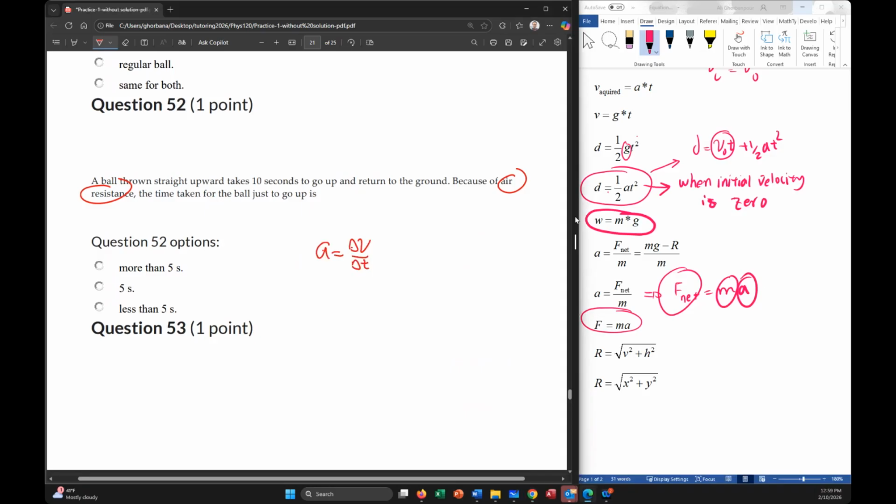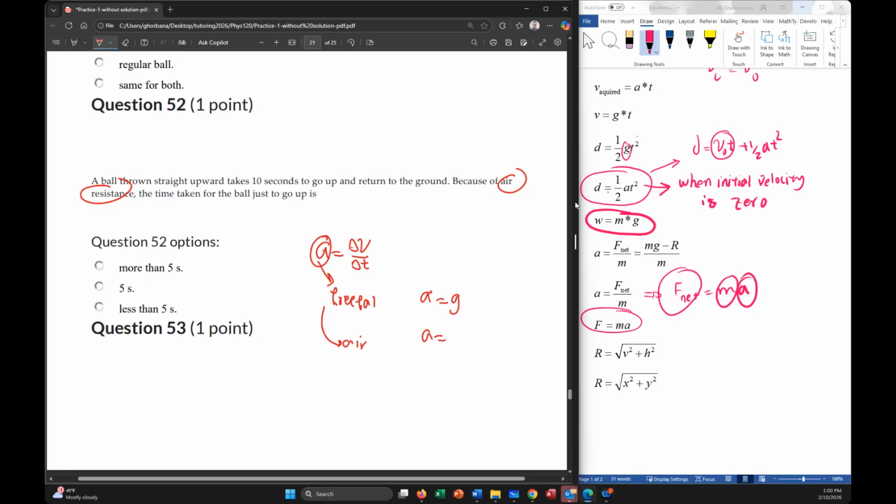But here in the free fall, when it is just a free fall without air resistance, A is G. Good. When there is air resistance, A is going to be how much? Less than G.